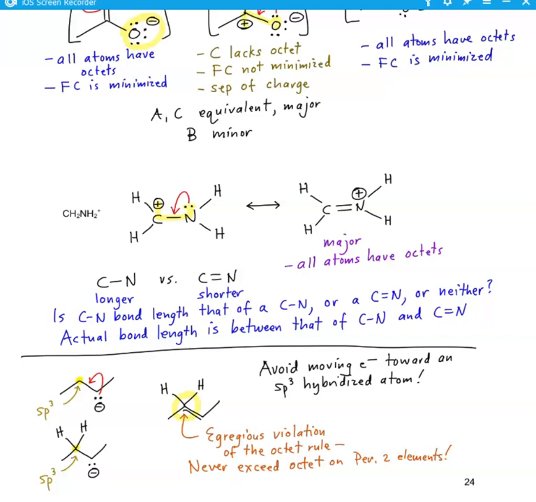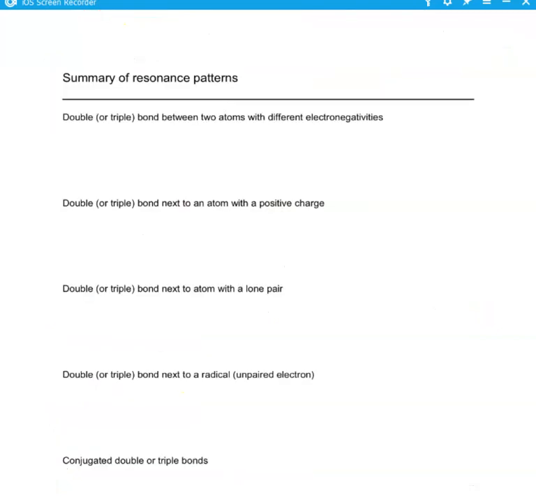Okay, let's wrap it up by looking at all the patterns that we've looked at and looking at some new examples of each of them. So if you have a double or a triple bond between two atoms that have different electronegativities, such as the case here, you can always pull electrons out of the double bond and put them onto the more electronegative element.